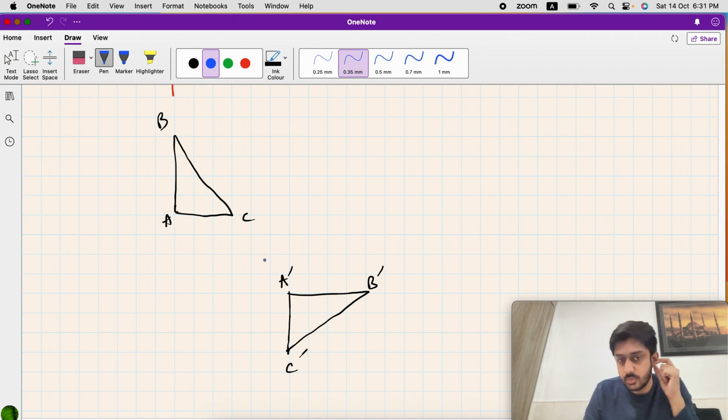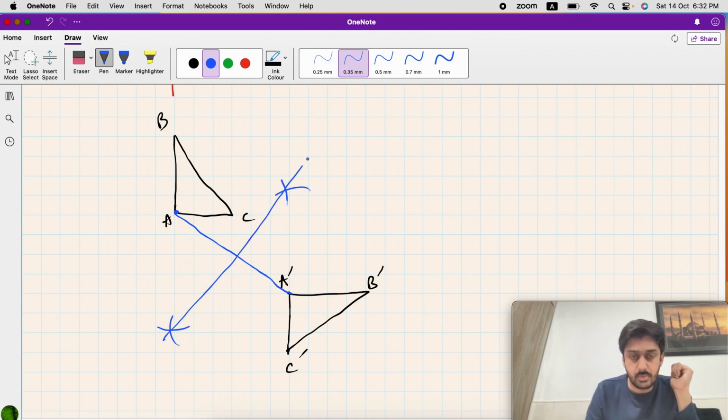For 90 degrees, what you need to do is join the two corresponding points and draw the perpendicular bisector. To draw it, place your needle at A, draw the arc on both sides, then on A dash draw the arc on both sides. So this is the perpendicular bisector. Then join another point.